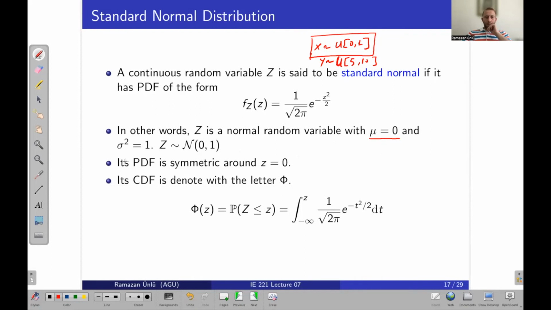So what that means is the PDF of the standard normal distribution is symmetric around z equal to 0, and its CDF is denoted with the letter phi, okay? This is the notation for the CDF of the standard normal distribution, and you will see it many times when you solve problems with the normal distribution.